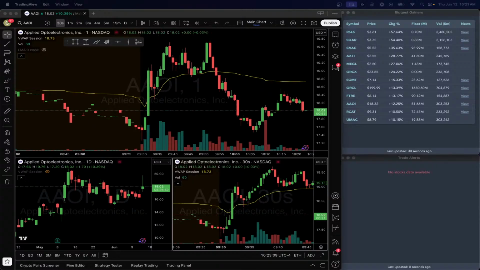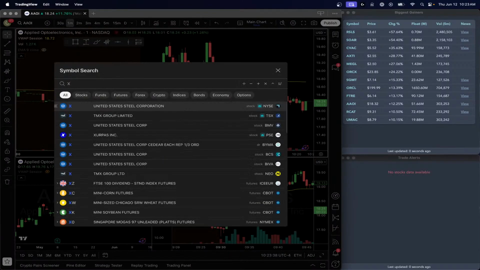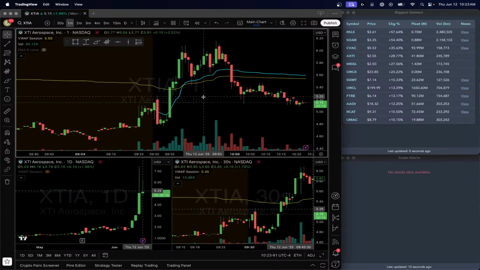XTIA, I lost very little on it, basically a break even. I made most of my money on RSLS. XTIA I tried, but it was just a break even for me.